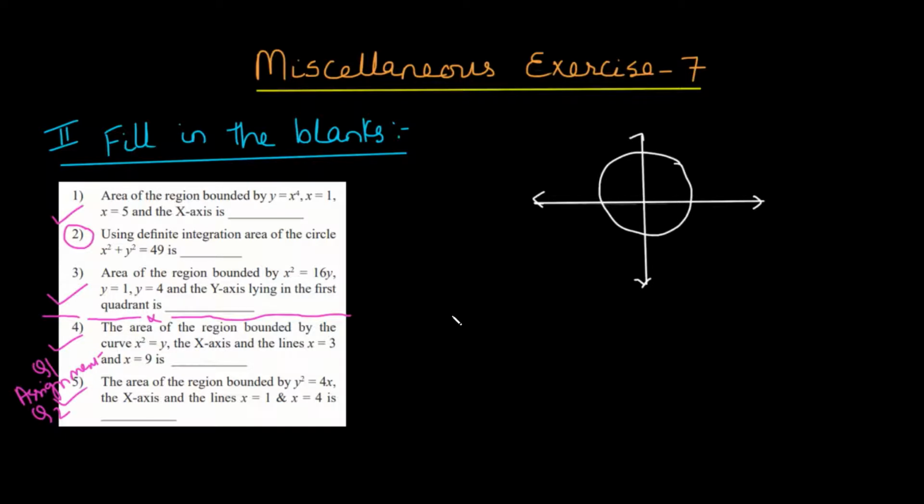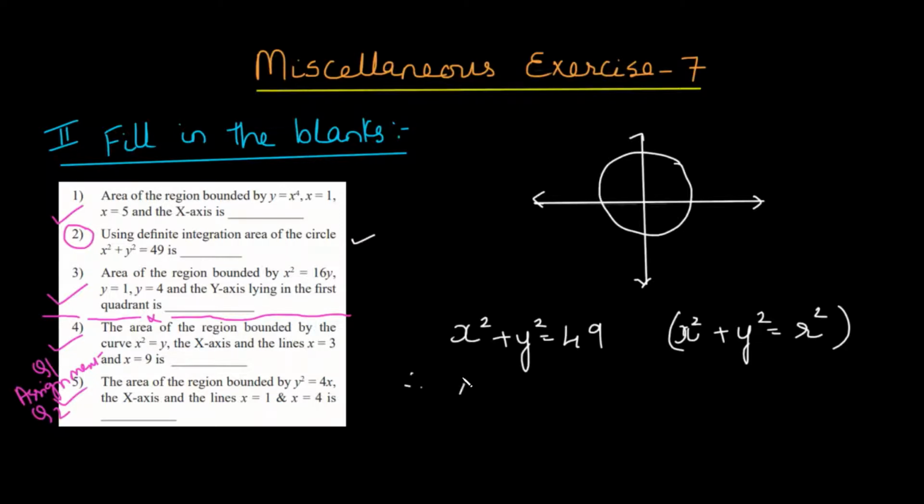Now comparing the equation x square plus y square is equal to 49 with x square plus y square is equal to r square, we get the radius of the circle r is equal to 7.